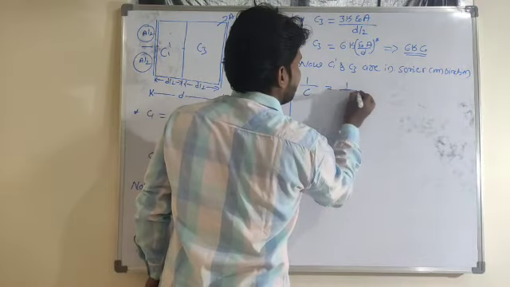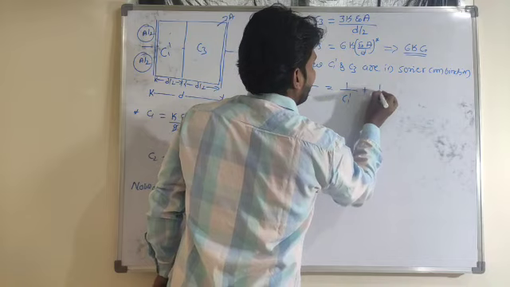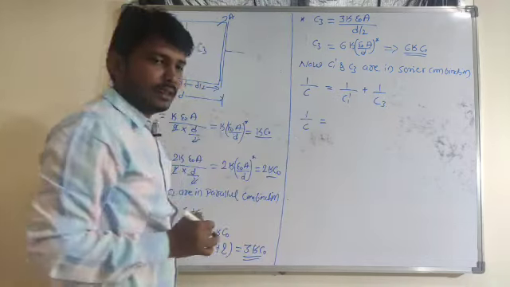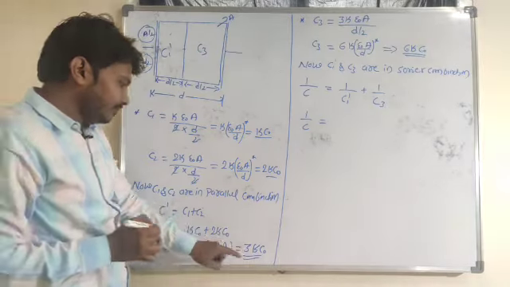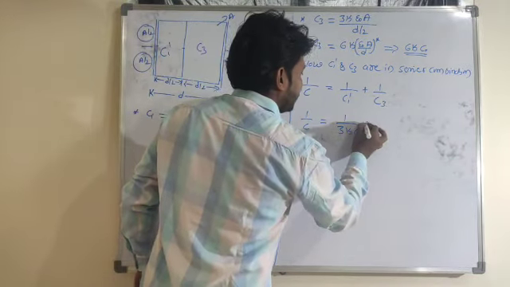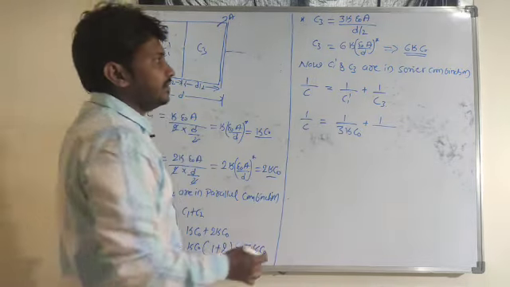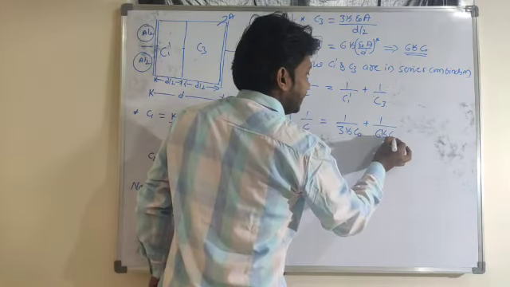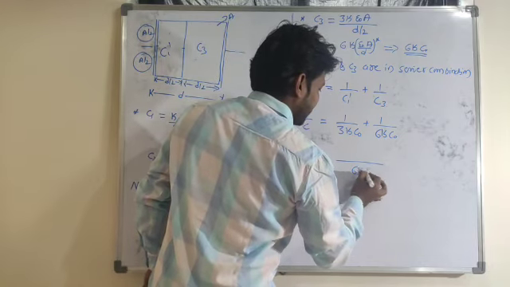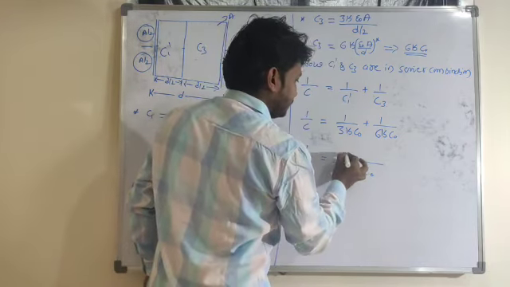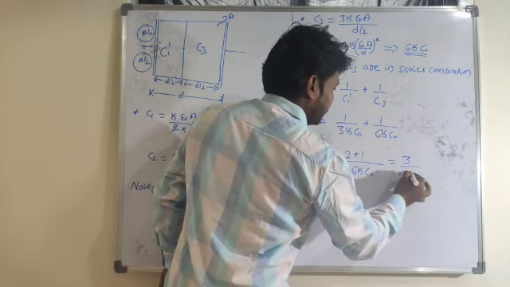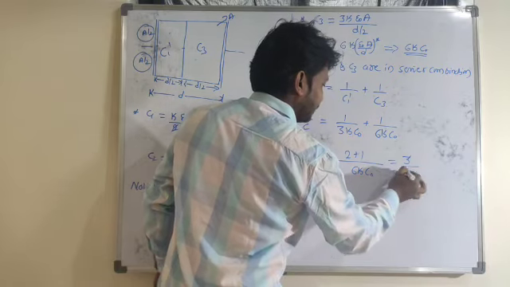If these two are in series combination, 1 by C is equal to 1 by C1 dash plus 1 by C3. So 1 by C is 1 divided by 3k into C naught plus 1 by 6k into C naught. Let me take the LCM, 6k C naught. So this is 2 plus 1, 3 divided by 6k into C naught.